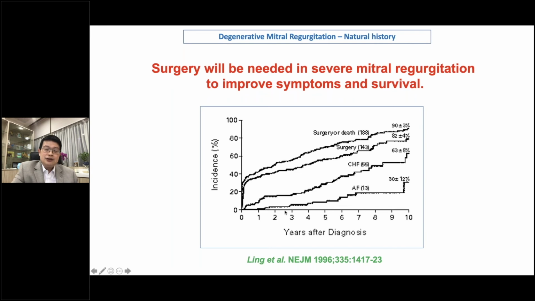You can see that if we treat them just with medications, at 10 years, 90% of the patients would either have died or have needed surgery, 80% would have needed surgery, 60% would have gone into congestive heart failure, and 30% would have gone into atrial fibrillation. So in other words, this is a condition in which the patient will need surgery within the next 10 years.